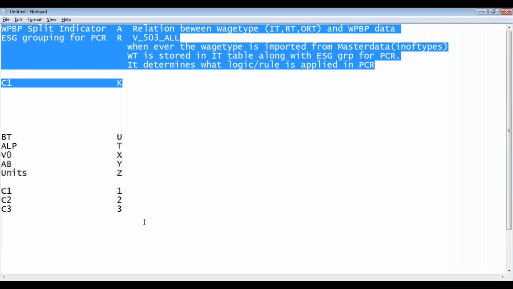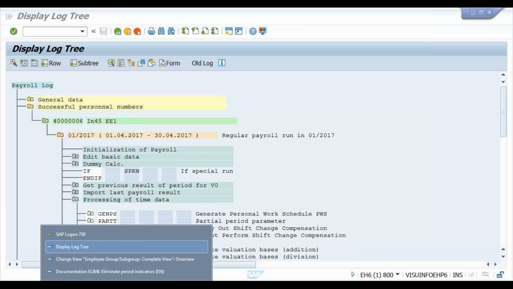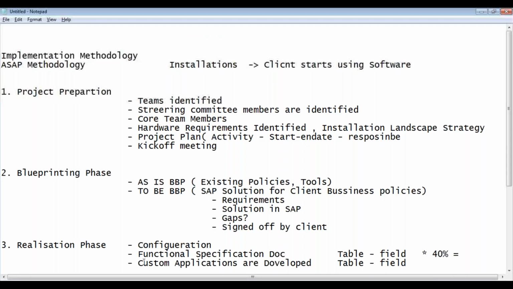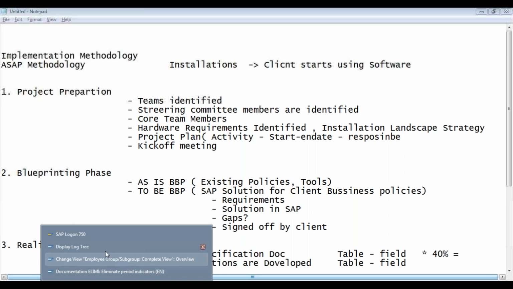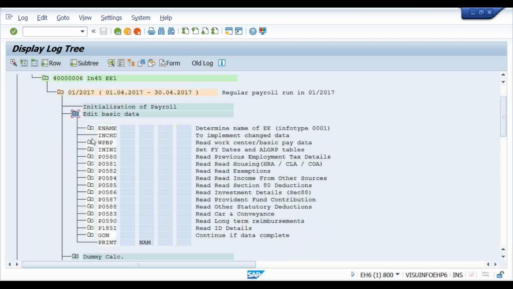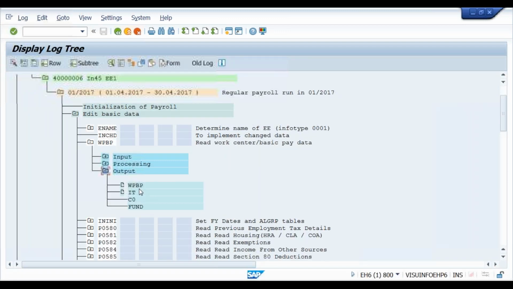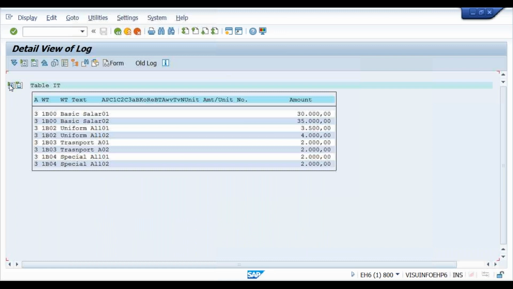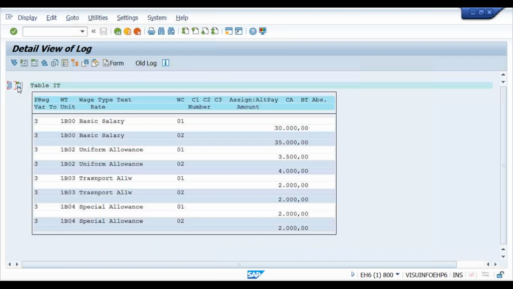Now let me give you the operations that we are going to use to work with the fields of the ID table. If you look at the ID table, these operations we are going to use at PCR level.